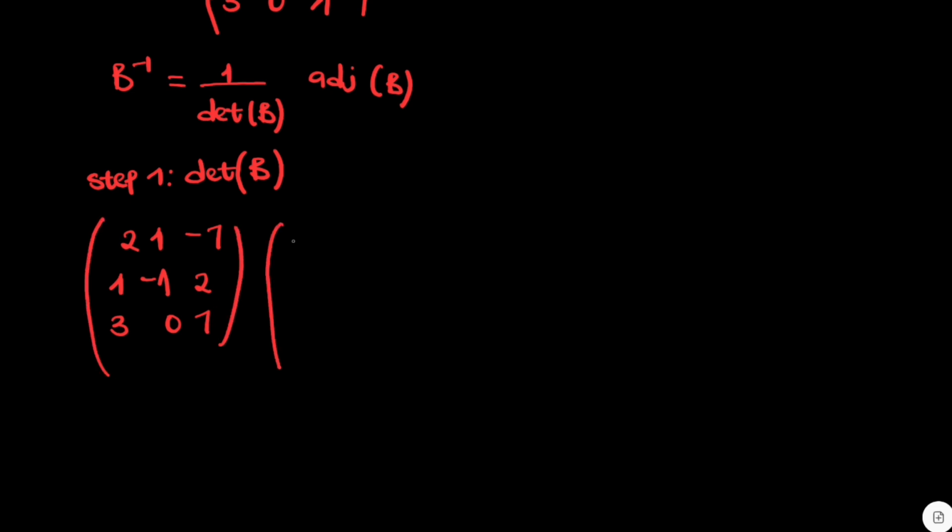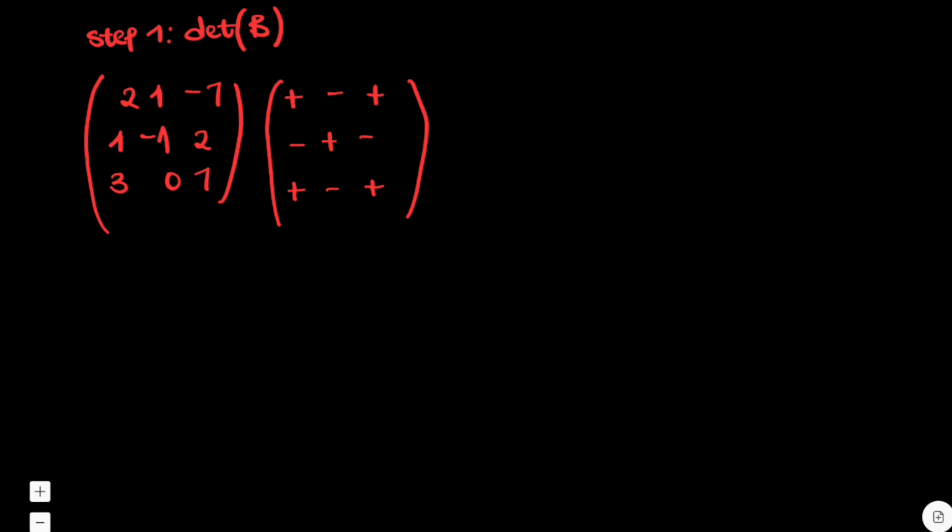Now write our signs: plus, minus, plus, minus, plus, minus, plus, minus, plus. Let's choose a row which is better for us, which has 0. Row 3 has 0, so we are going to be dealing with that row.